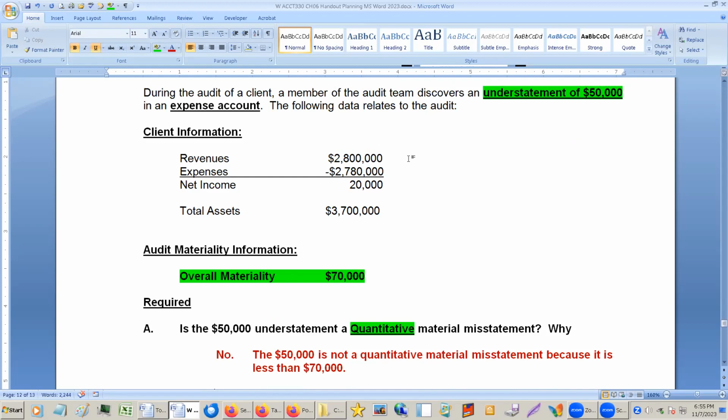The expense account was correct. Okay, so if 2.8 million. Now notice that these expenses should have the other 50,000 in it, right?